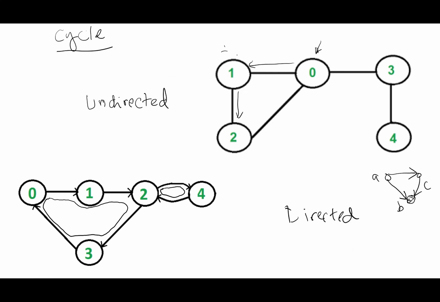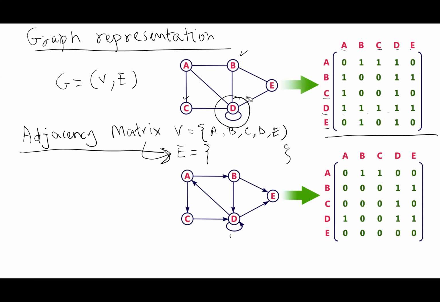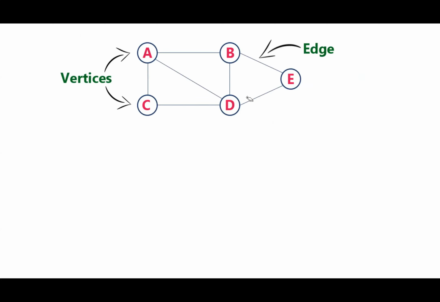But work on one is already done, right? So you have to keep track of which one is visited and which one is not. In a tree, we are doing it implicitly. Whenever we are taking something out of the queue, we're saying it's visited. But here, we have to have specific markers to say whether a node is visited or not.